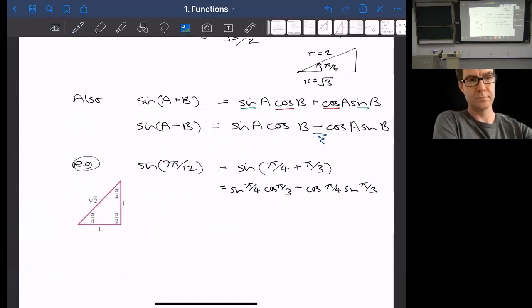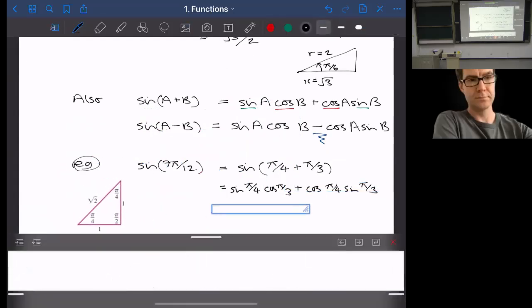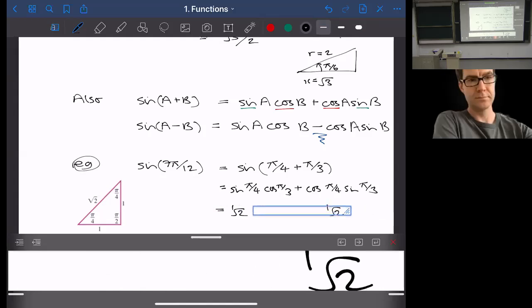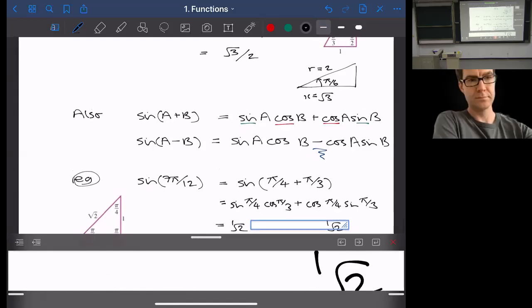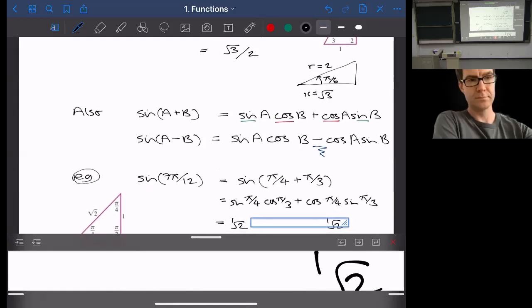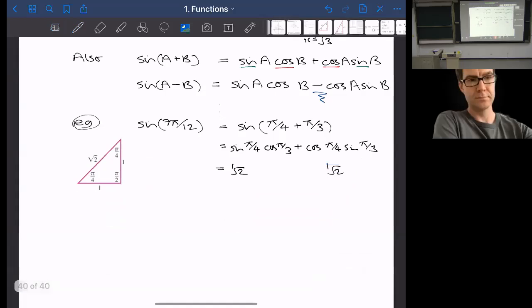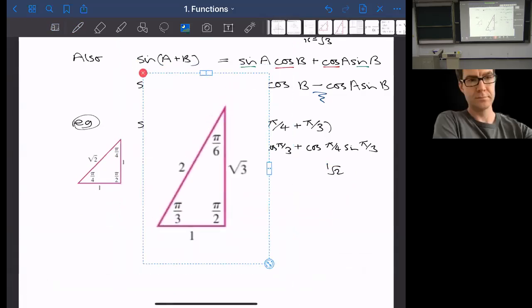and I still have this triangle, which gives me the sine and cos of pi over 4. They're both 1 over square root of 2. And the cos of pi over 3 from this triangle at the top is, I'm going to copy it in again so we can see. It can be confusing.